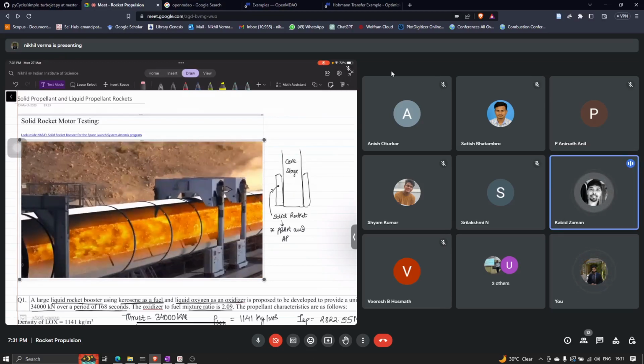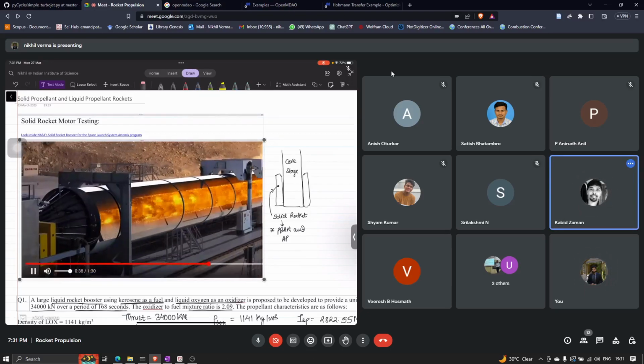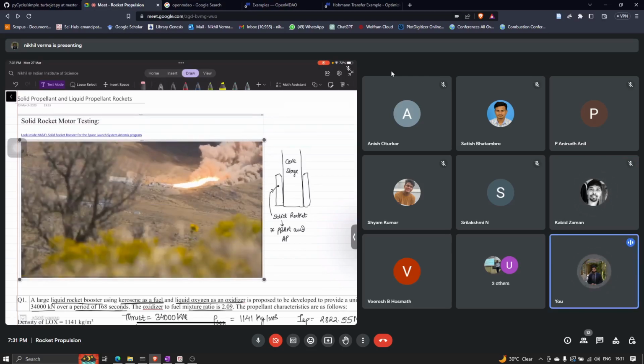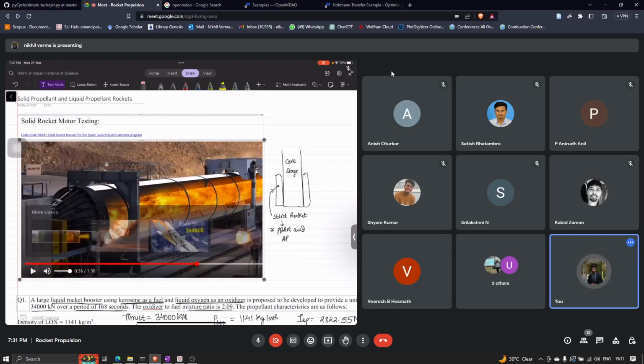Have they made that particular area transparent, or is it just an animation? This is an animation. Whatever you are seeing at 1 minute, at this point, this is the animation.